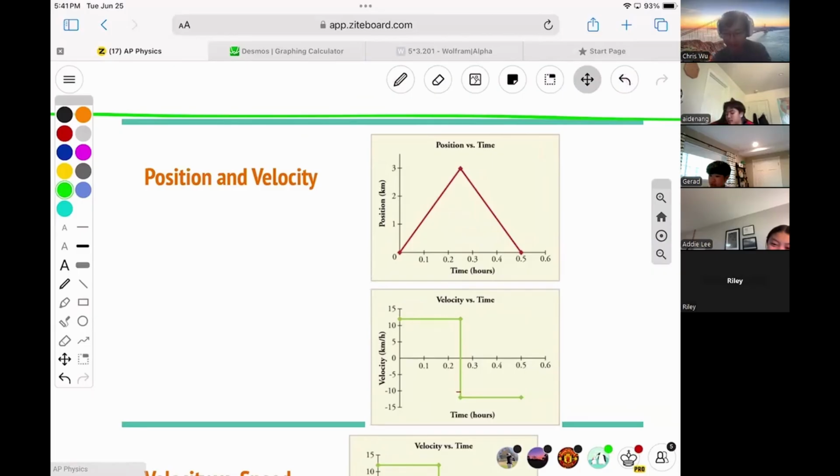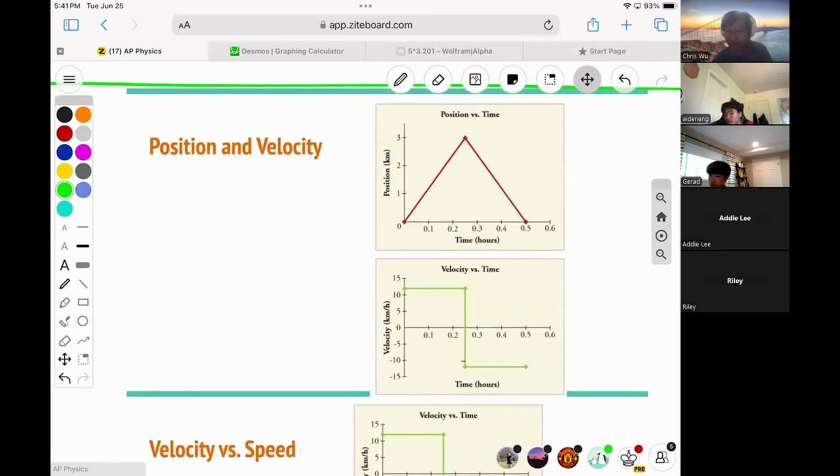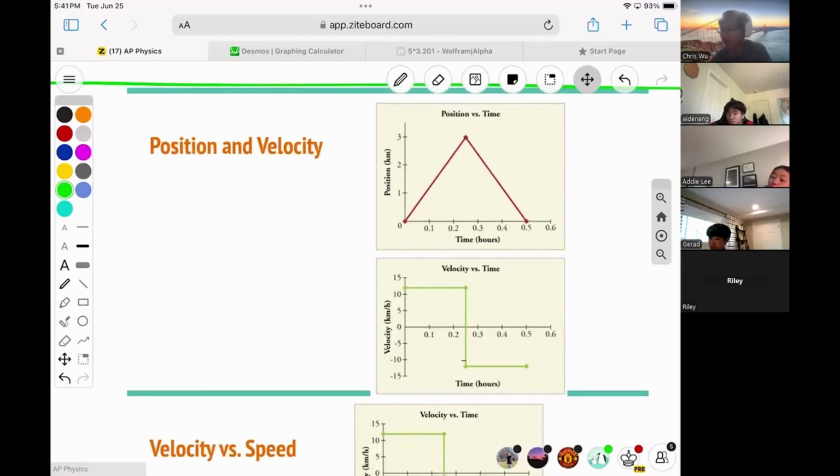So we have these graphs, position versus time and velocity versus time graphs. First we have a position graph. These two are actually a pair. What do I mean by that? If I look at the position graph here, what's going on? I am moving from position 0 to 3 in about 0.25 seconds, right?